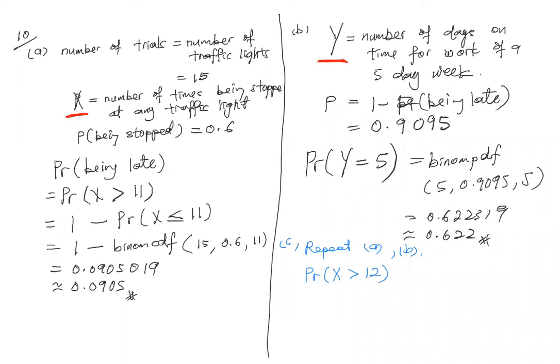Because she must now be stopped at more than 12 traffic lights in order to be late. More than 12 traffic lights. So get this answer, please. See whether she achieved that or not. So this will be 1 minus binom CDF 15, 0.6, and 12.